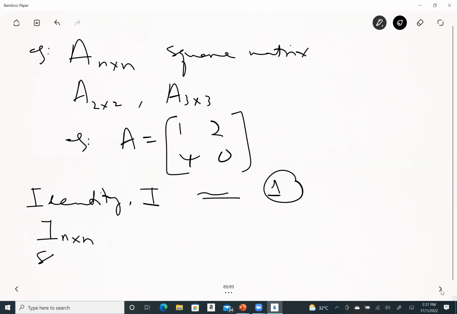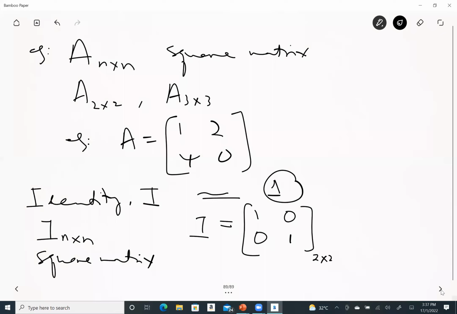Must be square. Now, what is I? I is the following. I'll give you examples. 1, 0, 0, 1. So that is a 2 by 2. Okay, and then another I is equal to 1, 0, 0, 0, 1, 0, 0, 0, 1. So that's a 3 by 3.